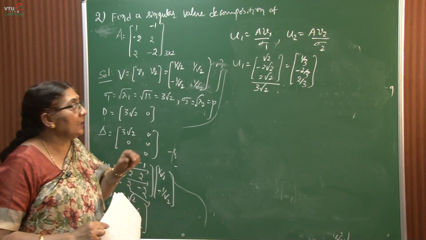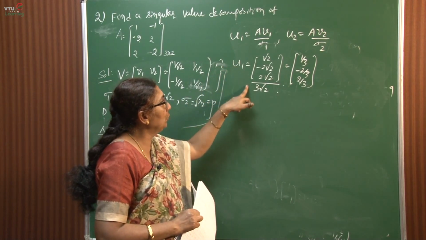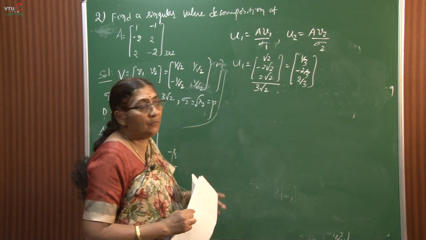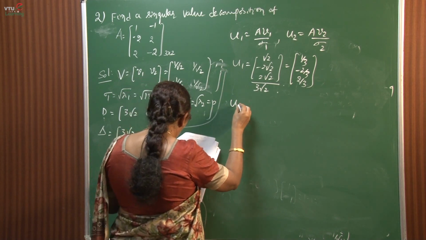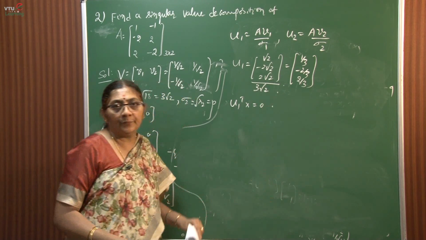But keep in mind, the two more vectors we are finding must be orthogonal to U1. Therefore, we are using one formula: U1 transpose into x must be equal to 0.